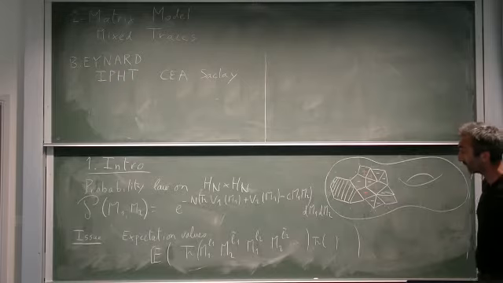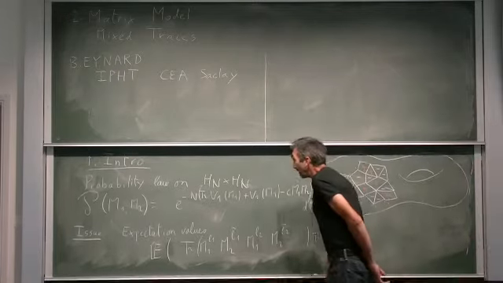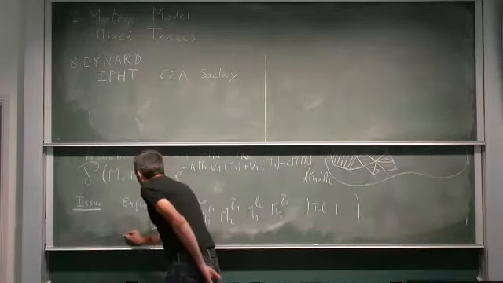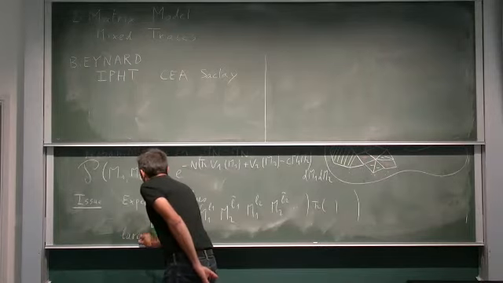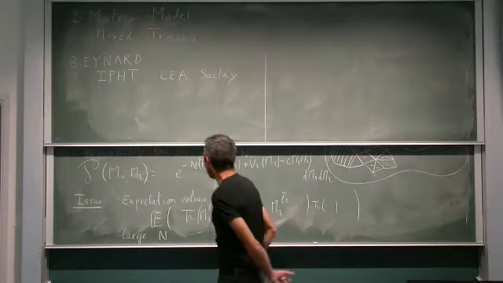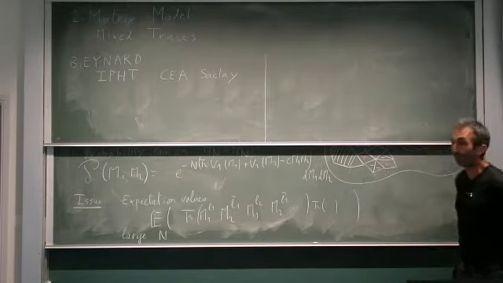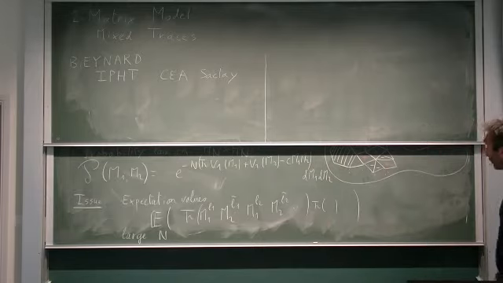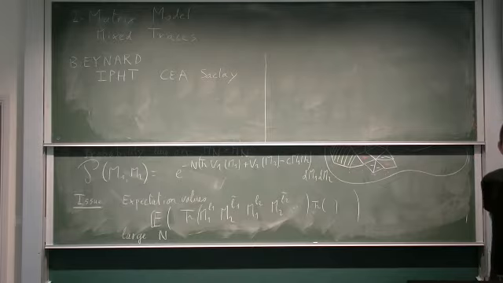Another question is about the large n limit. What are the asymptotics of such quantities? Can we compute the coefficients in the large n expansion by some recursion of the type of topological recursion? And again, the answer is yes.